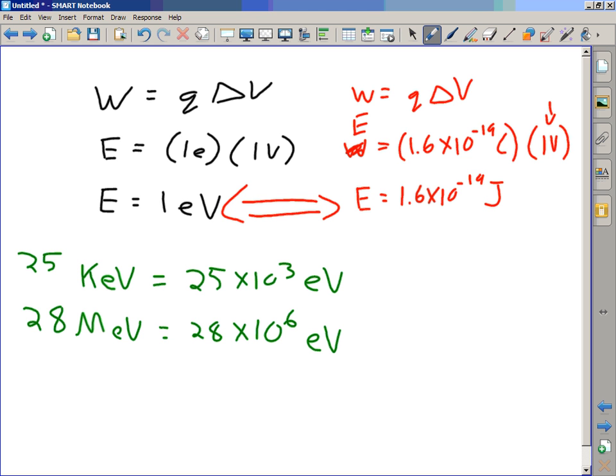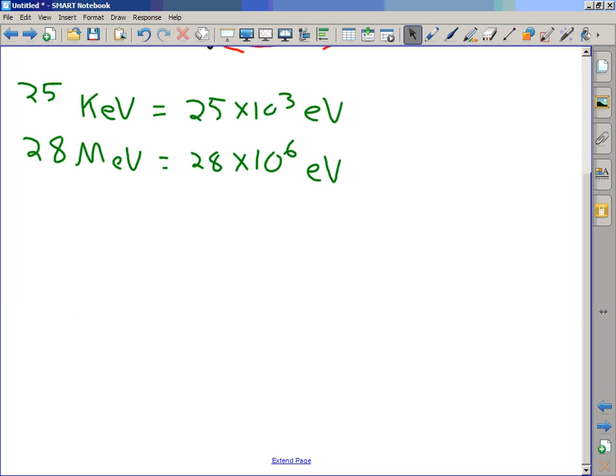If I need to get any of those electron volts over to joules, the reason that I'd want to do something like that is, let's say they ask what is the velocity of an electron, or some particle, that has kinetic energy of 28 mega electron volts. Well, kinetic energy equals 1/2 mv squared, right?